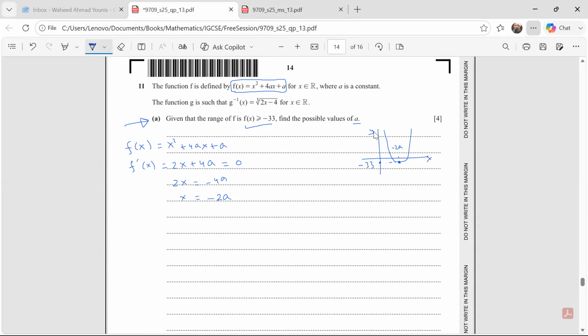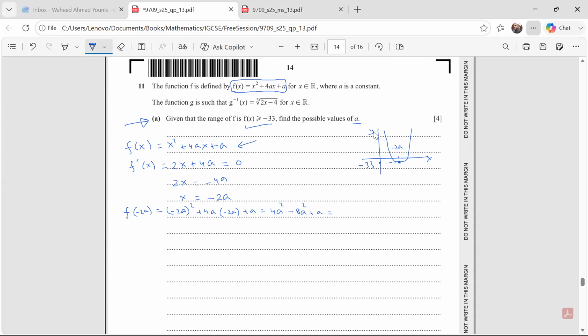If I substitute x equal to minus 2a in this expression, I will get the value of y. So what is f of minus 2a? This is equal to x squared, which is minus 2a squared, plus 4a times x, which is minus 2a, plus a. The square is going to be 4a squared, and minus 8 again a squared, plus a.